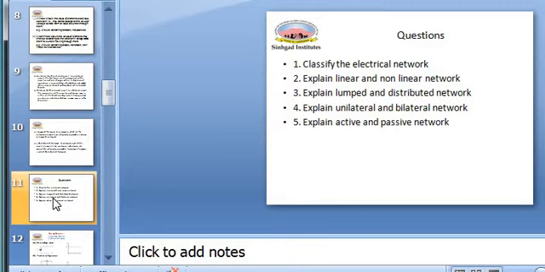If a separate question is there, explain linear and non-linear network, you have to explain only linear and non-linear network along with one example. When the question asks explain lumped and distributed network, same, you have to explain lumped and distributed network along with one example. Explain unilateral bilateral network, explain active and passive network. These might be the questions based on this particular syllabus.